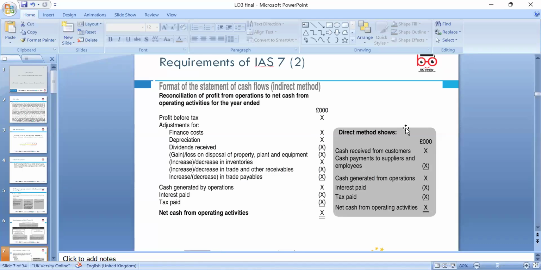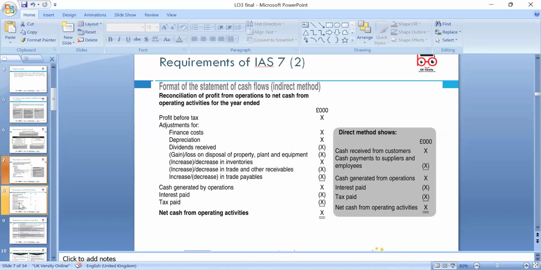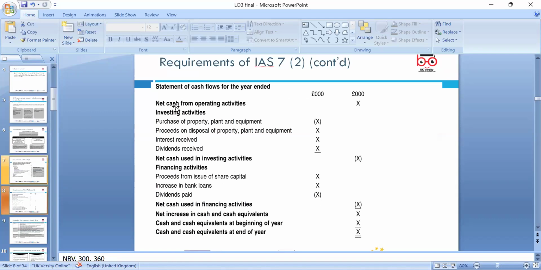If you want to use the direct method, you show cash received from customers, cash paid to suppliers, cash generated from operations and interest. Then in investing we look at the purchase of property, plant and equipment, disposal of property, interest received or dividends received, and the increase or decrease compared with the previous year. So we can look at the net cash from investing activities.